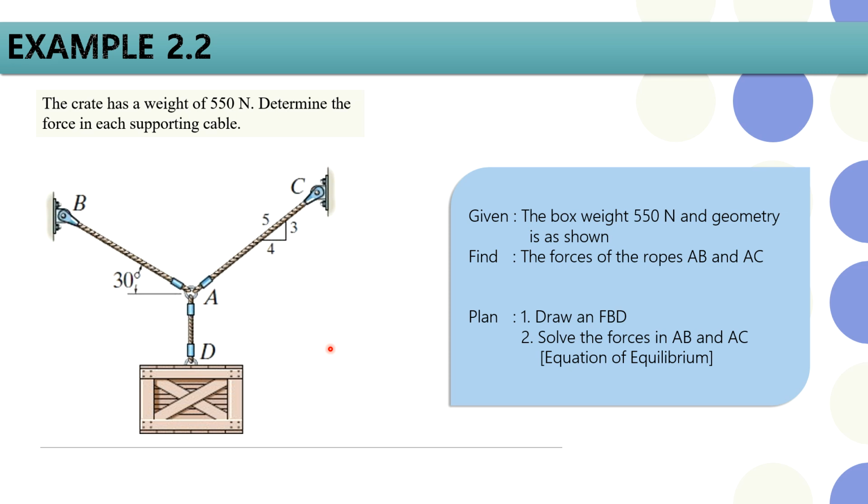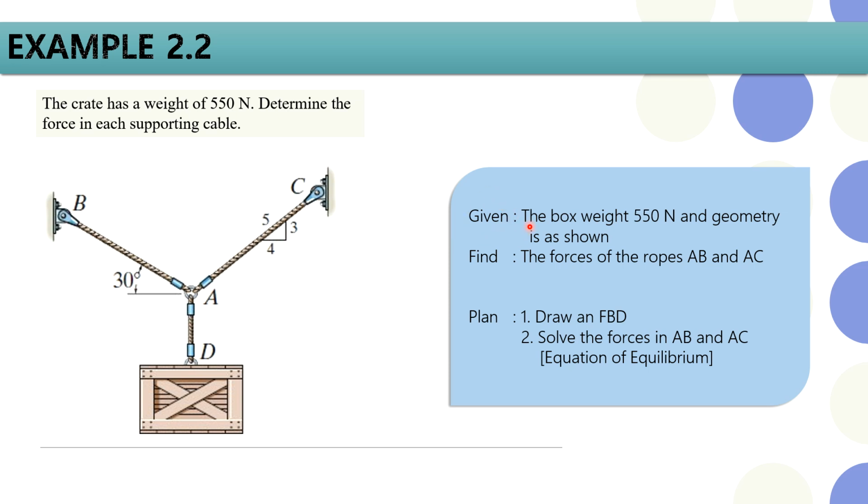Example 2.2 is very similar. Here a crate weighs around 550 newtons. What you need to find is the forces in supporting cables AB and AC. The best way of practice is to identify the given parameters.